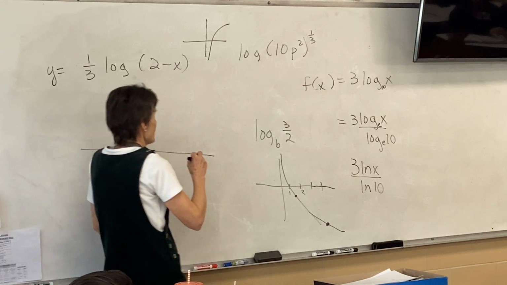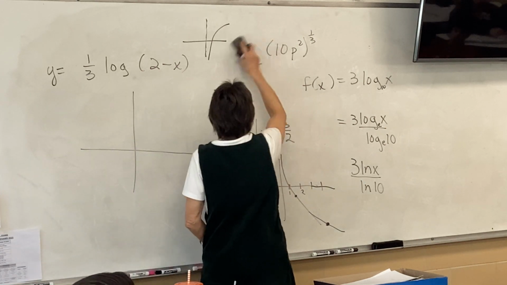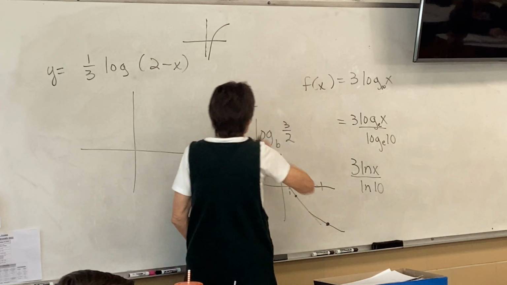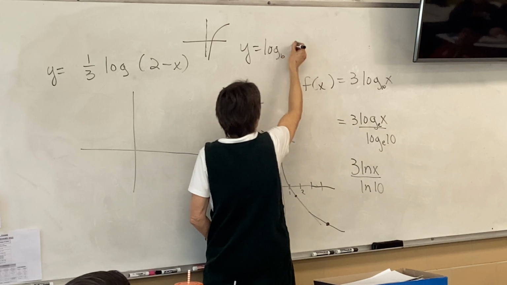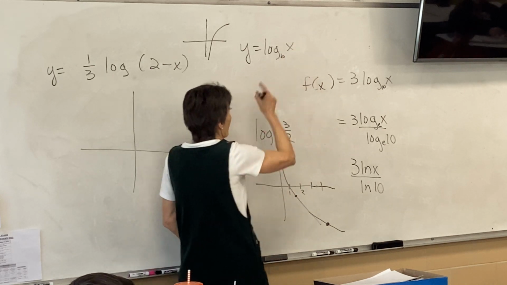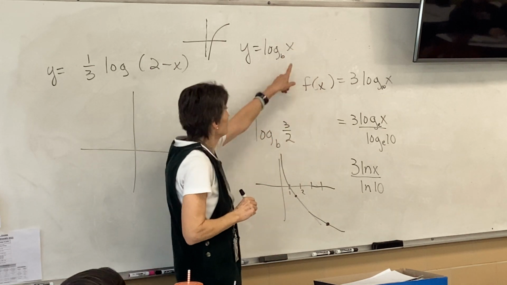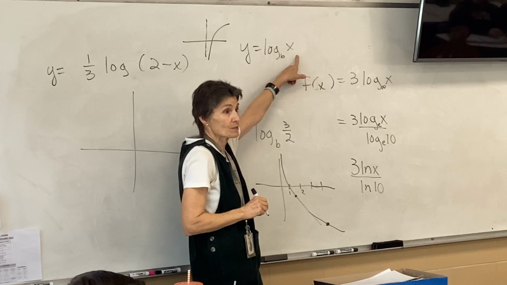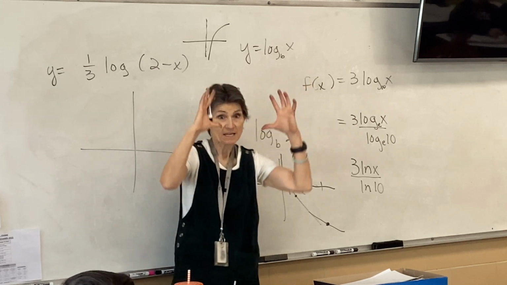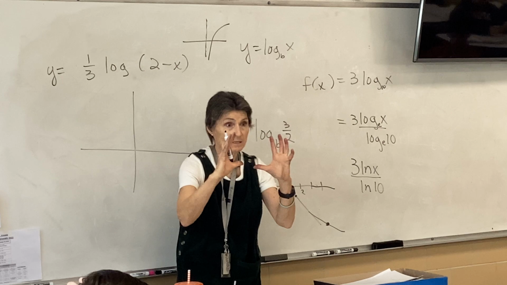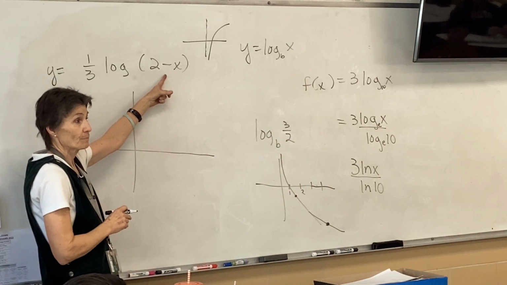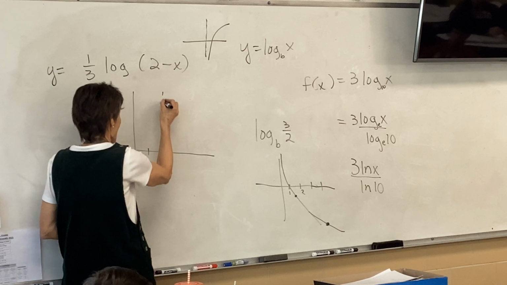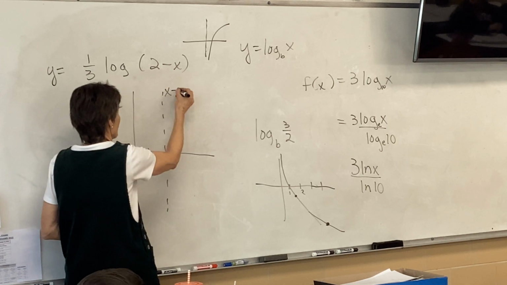Okay, in the original equation, where does the asymptote go? The asymptote goes where the thing you're logging is 0. So where is the asymptote going to go? At 2. So we have an asymptote at x equals 2.